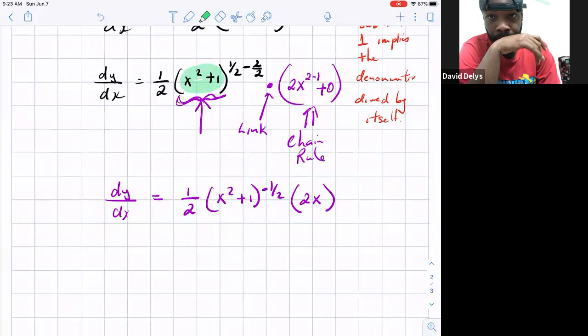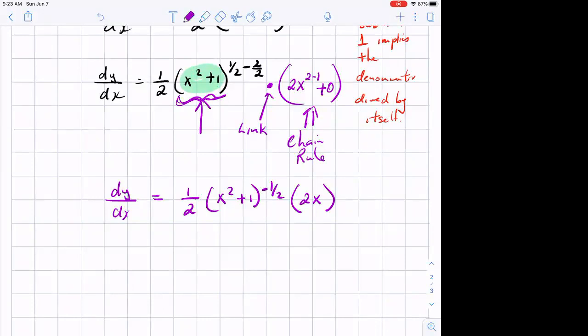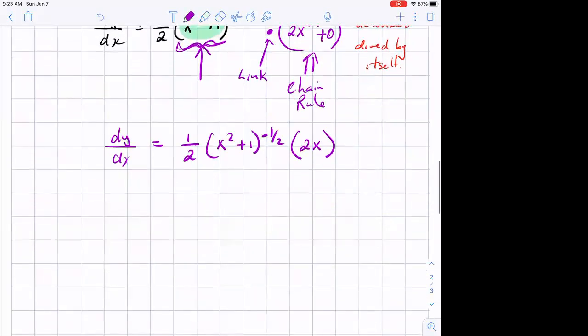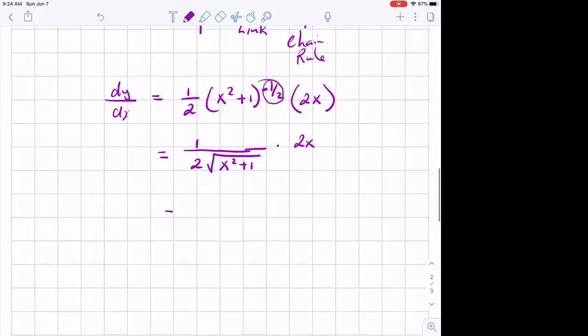Okay. Now this can be simplified even further. So keep in mind this here means 1 over, so this becomes 1 over 2 times the square root of x squared plus 1, times 2x. And then I can simplify one more step or two more steps, step by step.